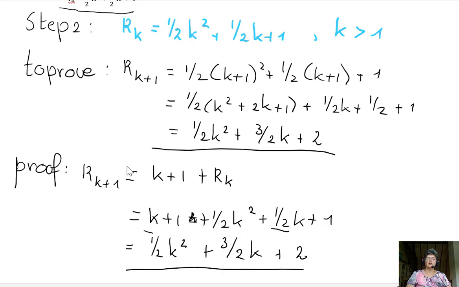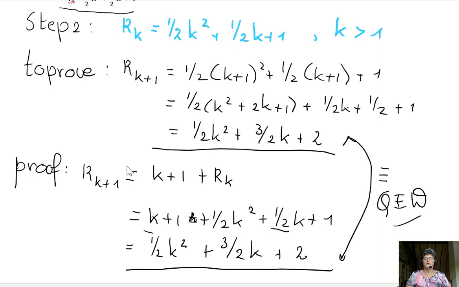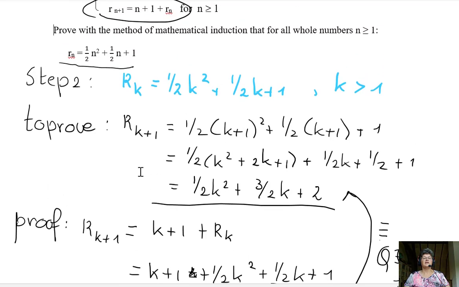Okay, lovely. Look, we needed to prove something, and it's identical to the one we have proven, so we're done. Now, with the help of mathematical induction, we have proven that indeed Rn equals a half times n squared plus a half times n plus 1.